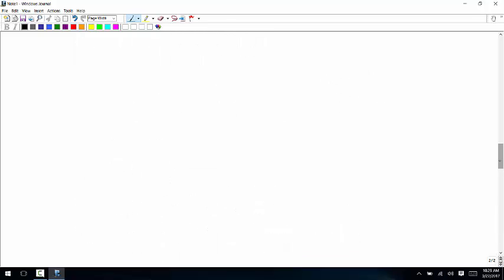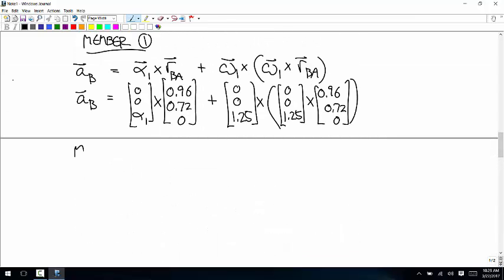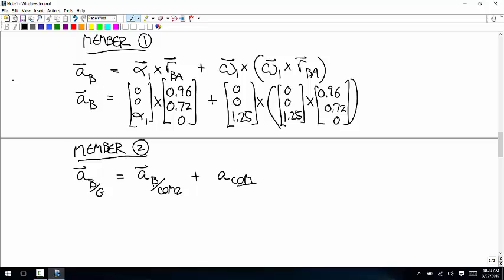And then according to member 2, the acceleration of B relative to the ground is equal to the acceleration of B relative to the center of mass of 2 plus the acceleration of the center of mass of 2 relative to the ground. This one's your A2.